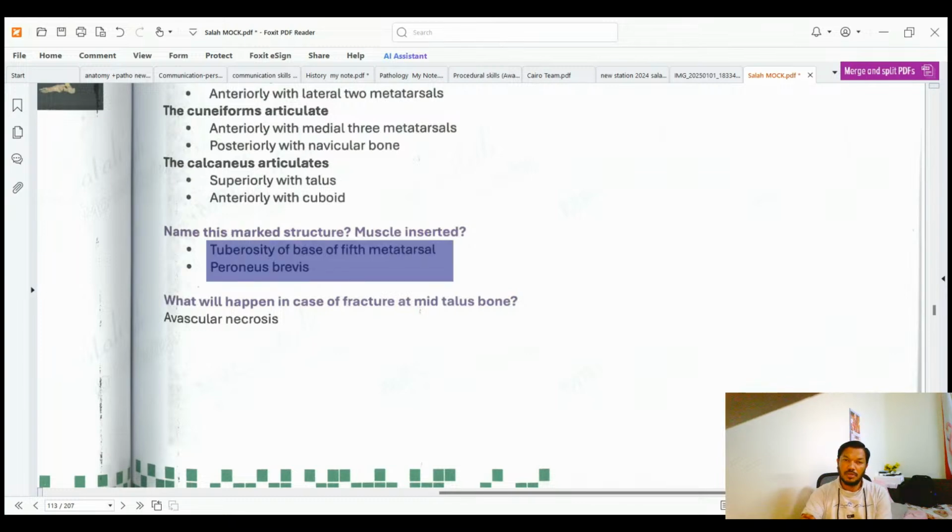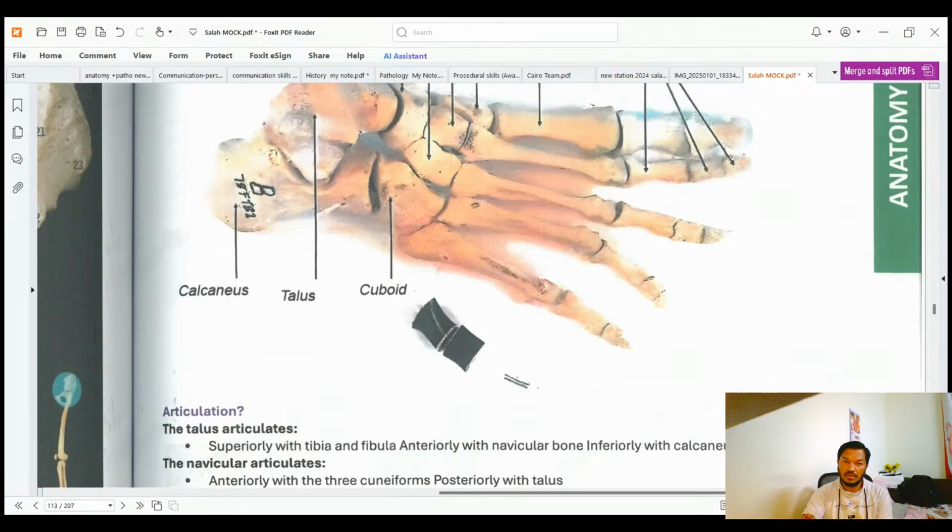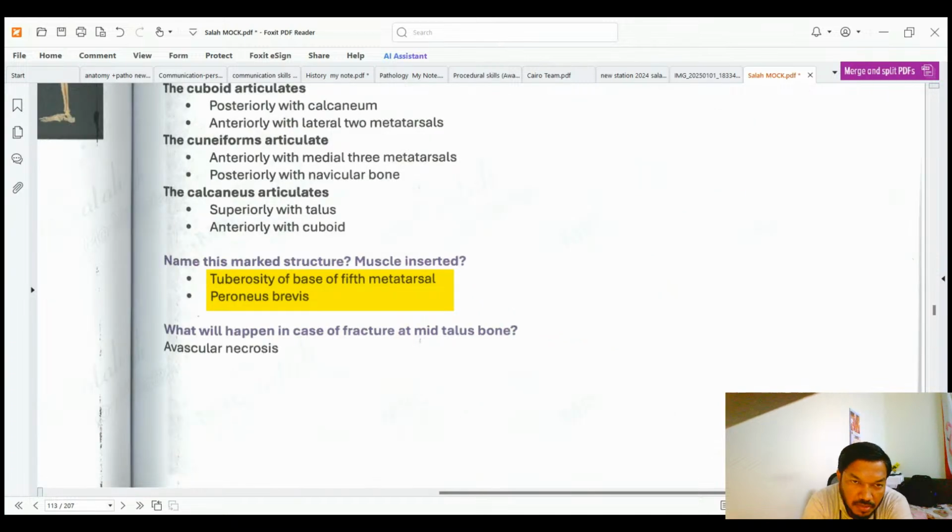Where is the mark? I cannot see the mark. Maybe this is the mark. Tuberosity of the base of the fifth metatarsal, where peroneus brevis inserts.